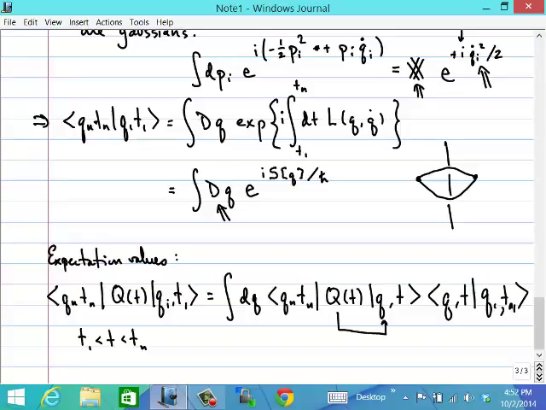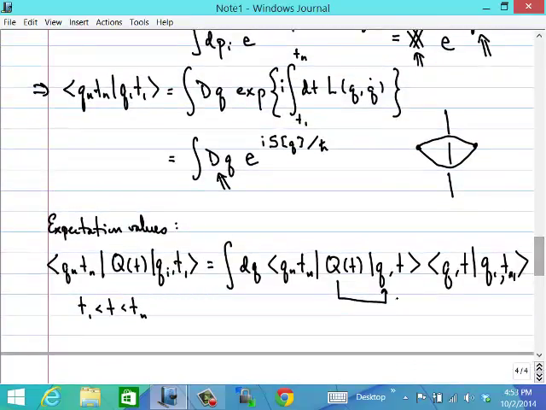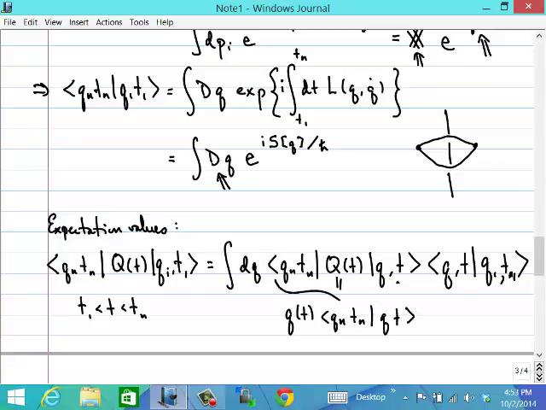This is one of those cases where you regret suddenly calling every variable Q. Okay, this state here is an eigenstate of capital Q, so we can just pull this out, and you get the function q(t) times the amplitude from qn tn to q t. Okay. So that's this guy here.